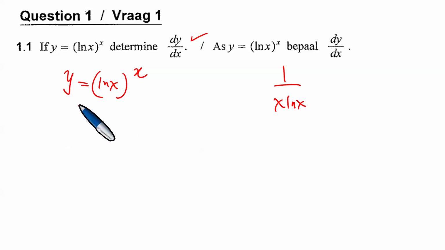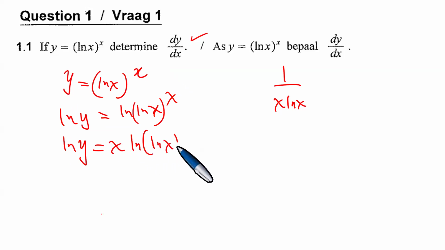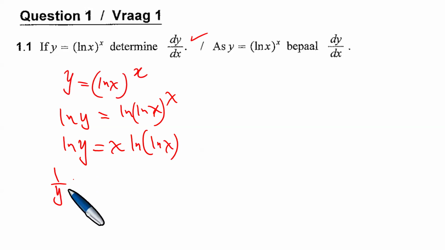So to do this particular one, we need to do the following. Because we have x in the power, when x is the power, we take the ln of both sides. And we have x ln of ln x. Now we find the derivative of this, which is 1 over y dy/dx.